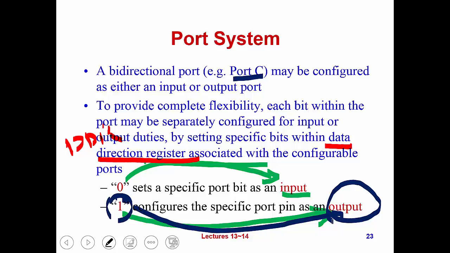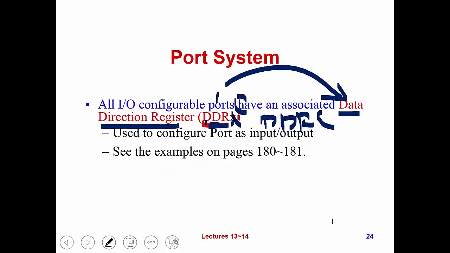Similarly, the example shown on page 181 is almost the same. I just want you guys to take a look at the example by yourselves, right here on page 181. In this case, we configure all the pins to be input, and then it's going to read the values.